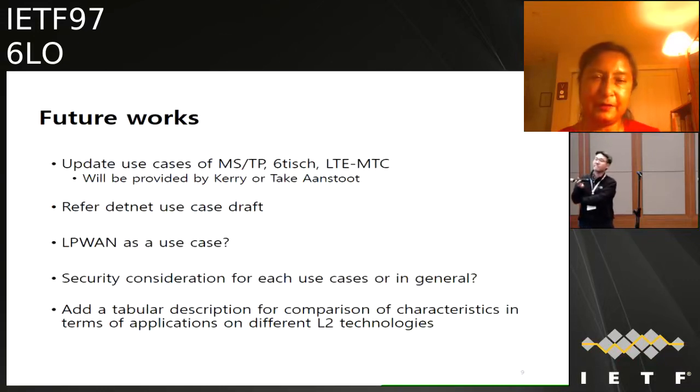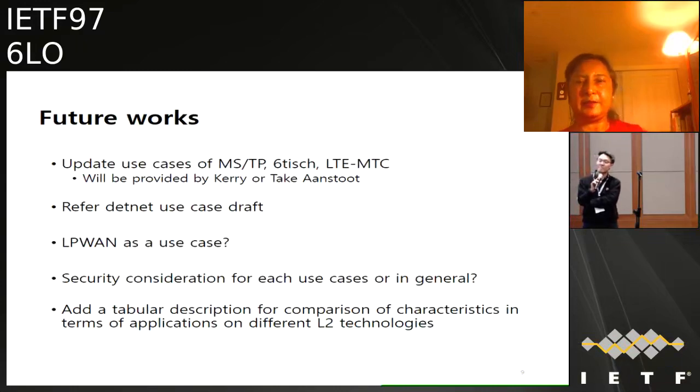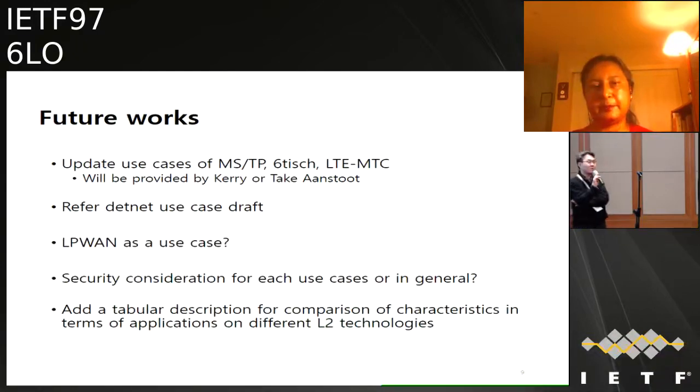I understood. I think we need to ask the working group if we want to include just IPv6 over LTE-MTC here, or are we giving the scenario of how to use 6LoWPAN? But we can leave that discussion maybe on the mailing list. Yes, you're right. We are not the experts on the link layer technology.